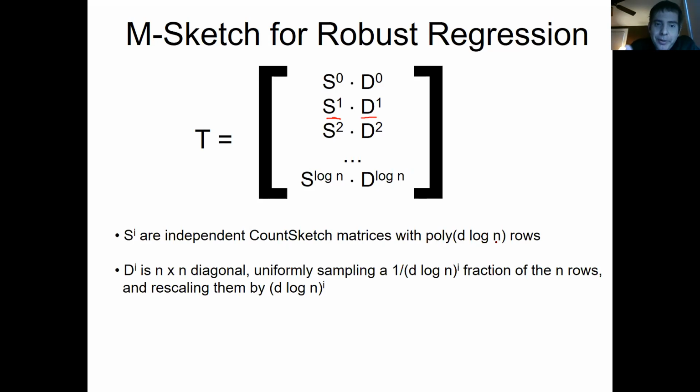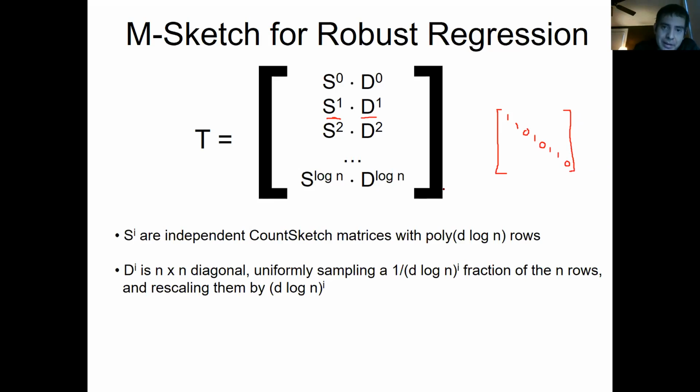The Di are diagonal matrices. What Di looks like is it's diagonal, and on the diagonal it has some ones and some zeros. So when I apply Di to a vector, I'm just zeroing out some of its coordinates.